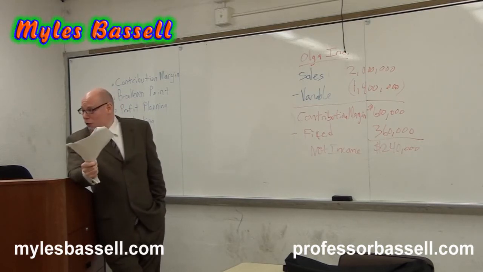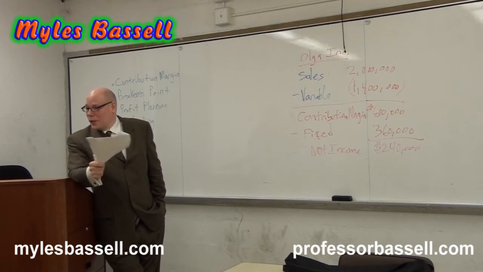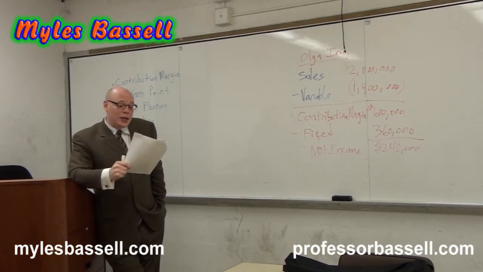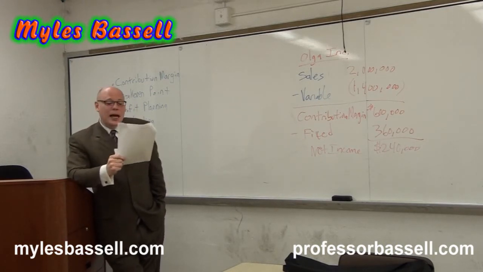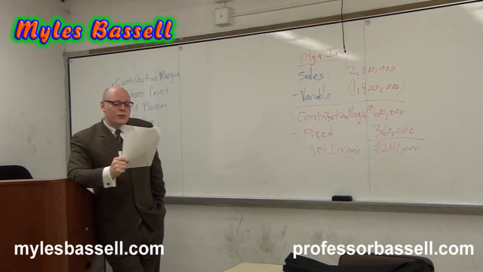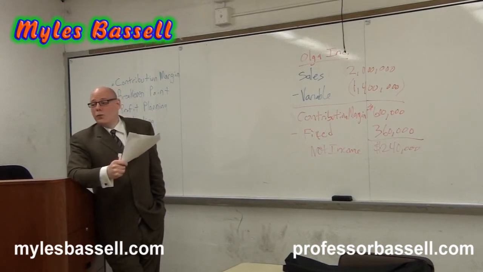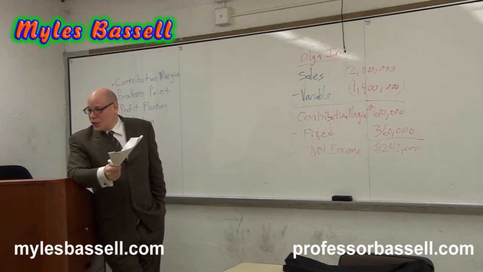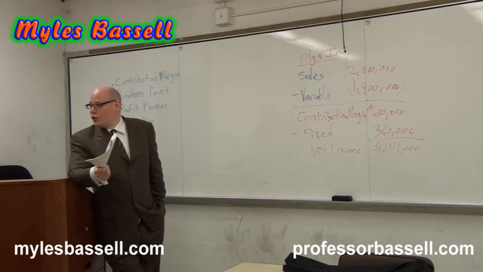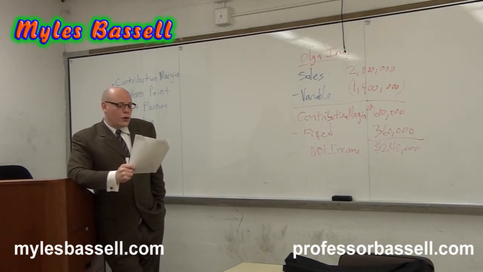Remember we did a schedule of cost of goods manufactured and calculated the cost of goods sold. Here we produced 40,000 units and sold 40,000 units, so we're going to assume no beginning and no ending inventory.